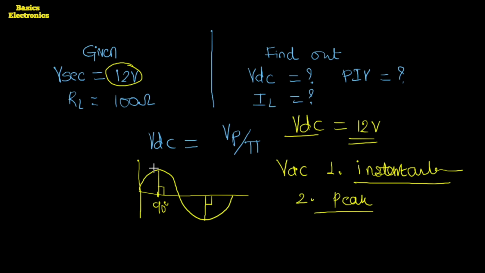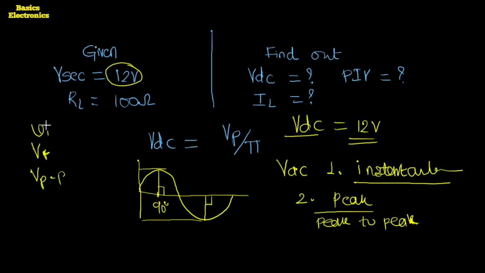If we measure the AC voltage in between the two maximum peaks, then it is called the peak to peak voltage, written as VPP, peak to peak voltage.